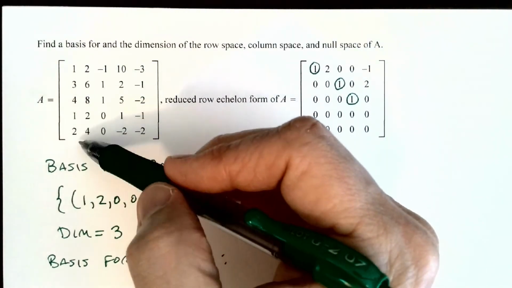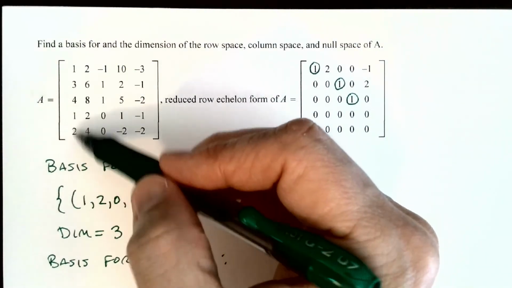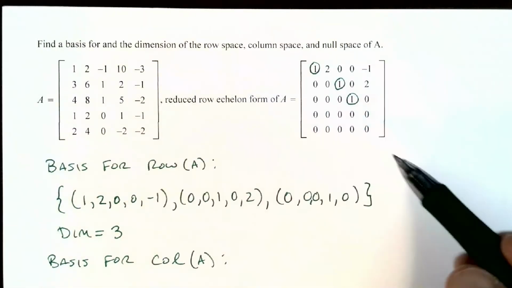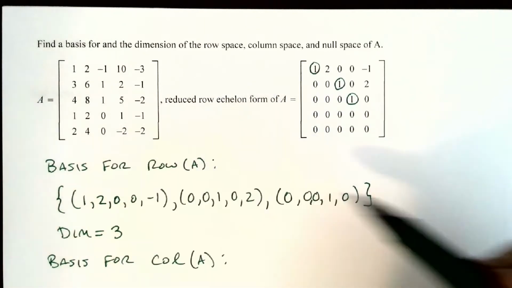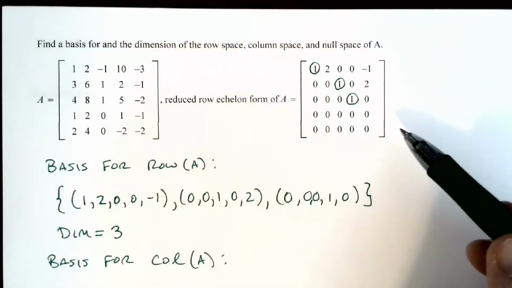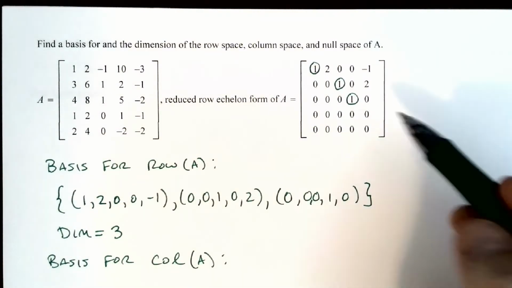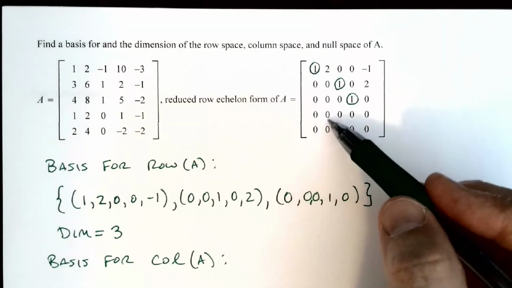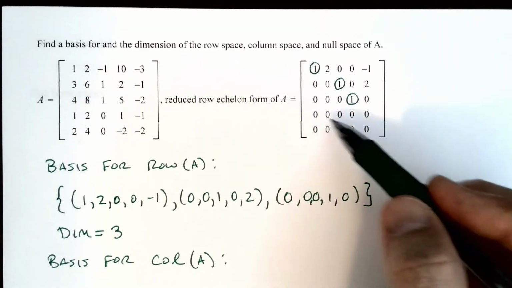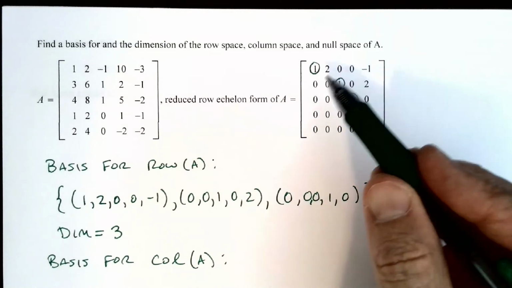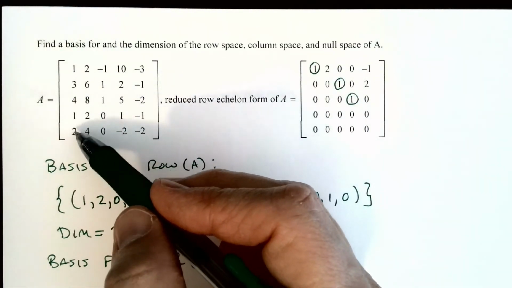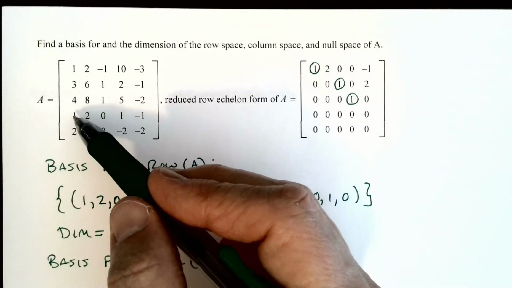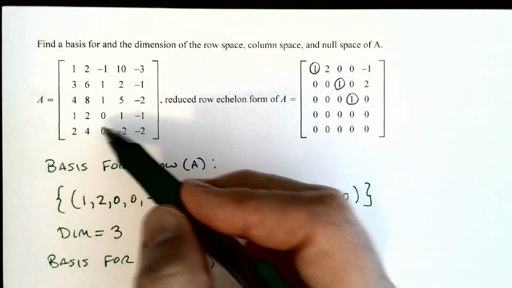So this first column is in the column space of A. Is this first column in the column space of this matrix over here on the right? Clearly not. Every column has zeros for the last two entries. There's no way you're going to take a linear combination of these 5 columns and get this vector here, this 5-tuple with the 1, 2 at the bottom. So clearly they're not the same.